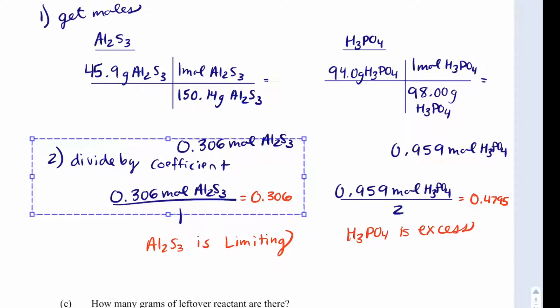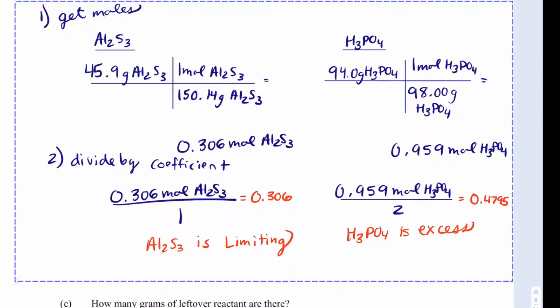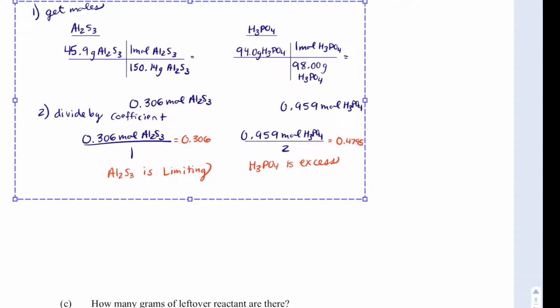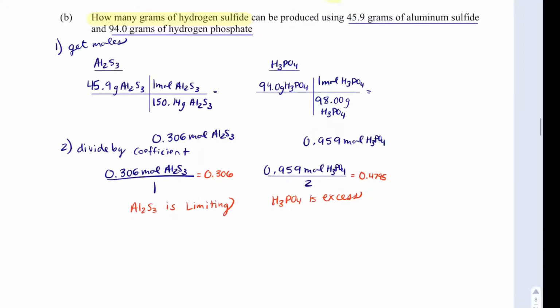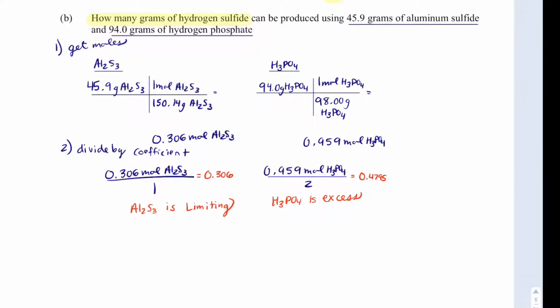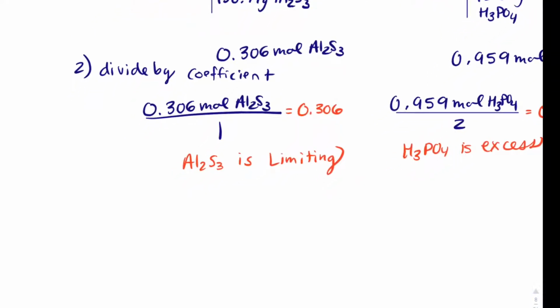I'm going to make this just a little bit smaller to give me some room. And I need to answer the question. I've done these 2 steps, but I haven't answered the question. And the question is, how many grams of hydrogen sulfide are actually produced? Well, because aluminum sulfide is my limiting reactant, I'm going to use that for any conversions that they ask.